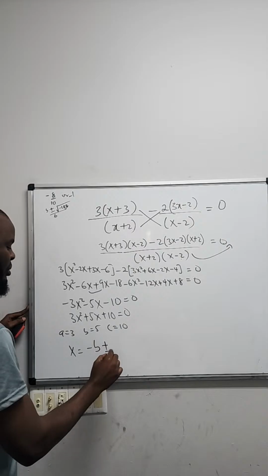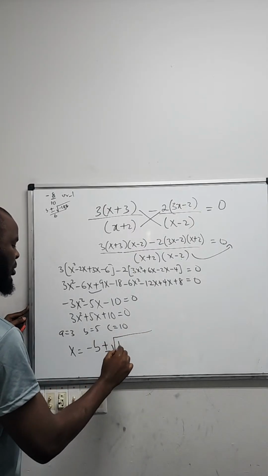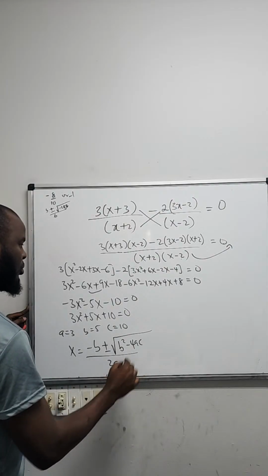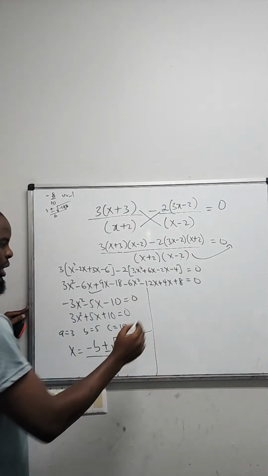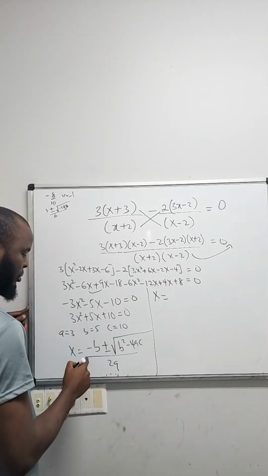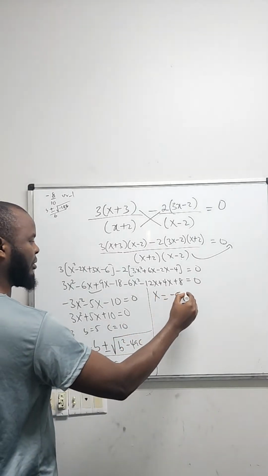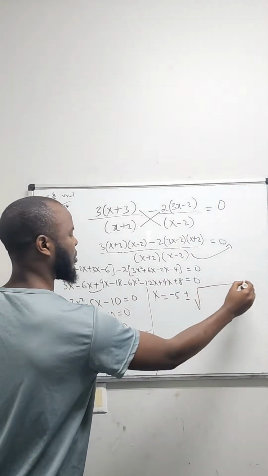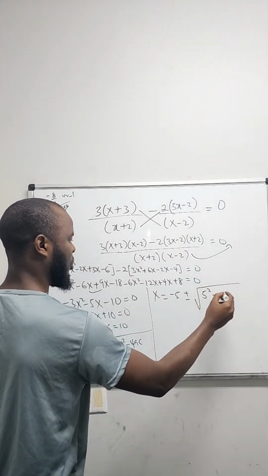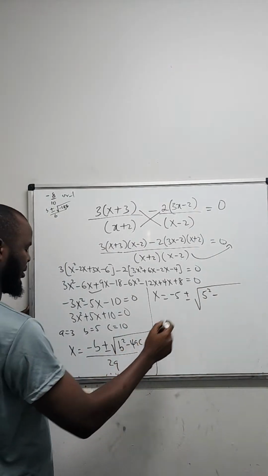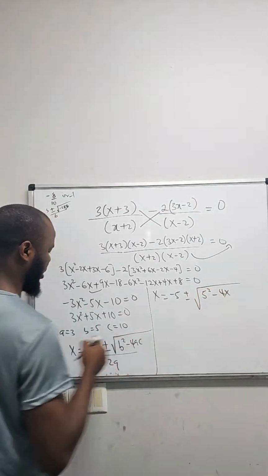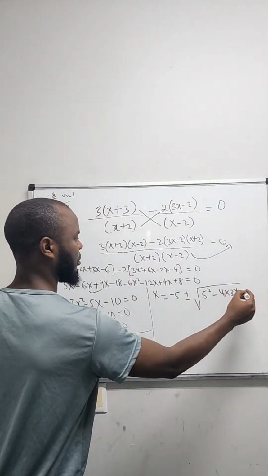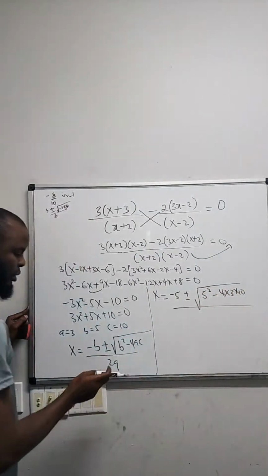So here you can have minus b plus or minus root b squared minus 4ac over 2a. So here we can have x equals minus b, which is negative 5, plus or minus root b squared, which is 5 squared, minus 4ac: 4 times 3 times 10, over 2a.